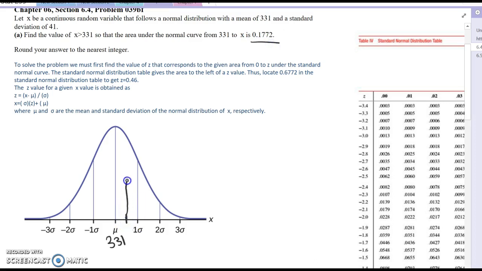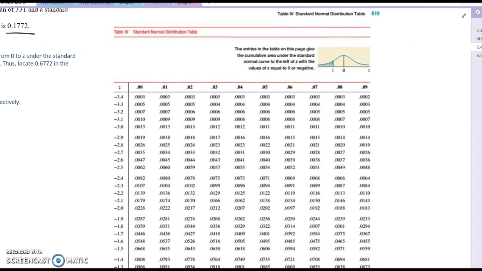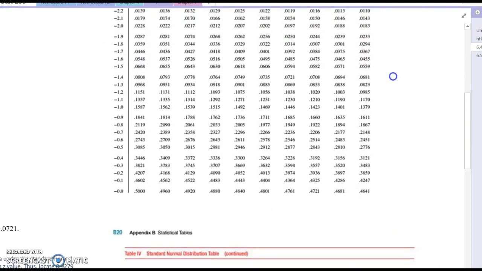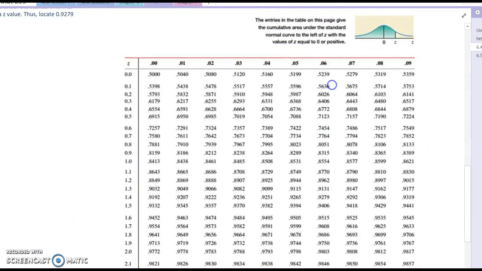So I'm looking for an x value that when I look at the area between the mean and that x value, I get 0.1772. So looking at the z-table chart, you can see over here, this z value, in this case, it's going to be on the right side, right?